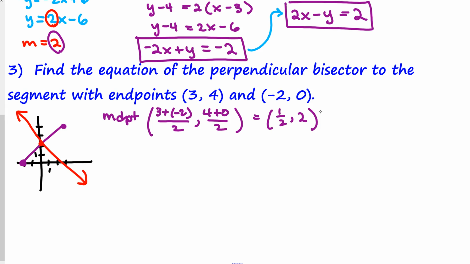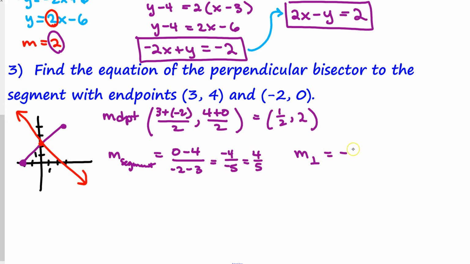To find the slope, we'll start by finding the slope of the segment. And so we can take y2 minus y1 over x2 minus x1, and we get -4 over -5, so 4/5. And so from that, the perpendicular slope would be the opposite reciprocal, and that would be -5/4.